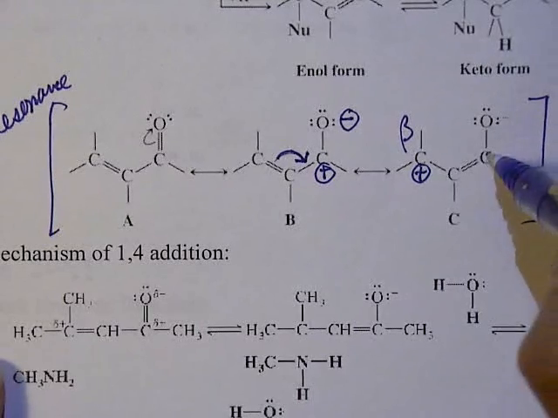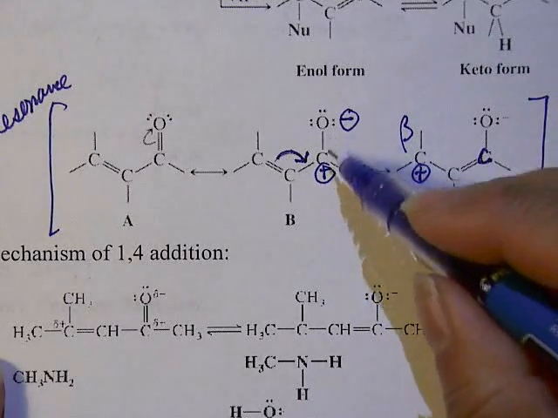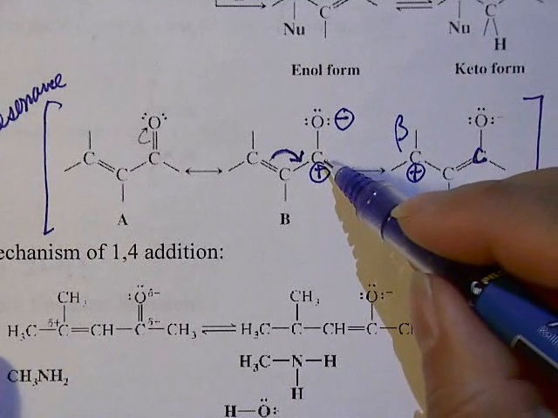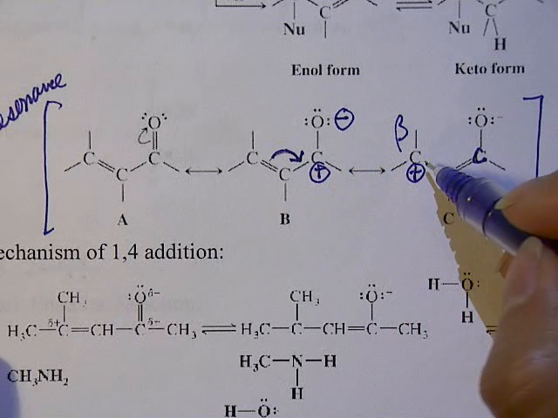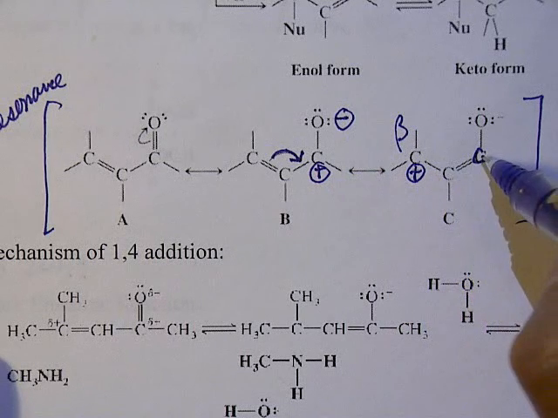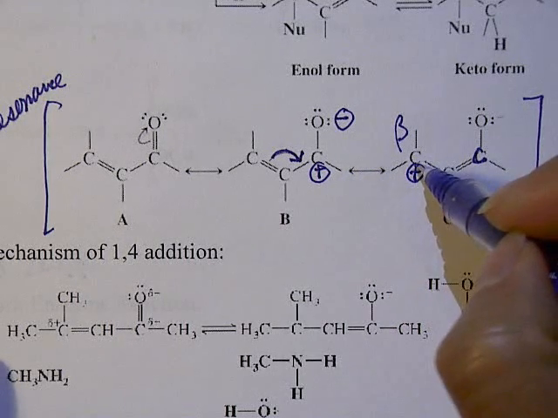So in this conjugated system, there are two electrophilic positions. One is at this carbon, drawn by this resonance structure with the positive charge, and the other is at the beta carbon. The two electrophilic sites are, once again, the carbon of the carbonyl, where we did all our reactions so far, and the beta carbon.